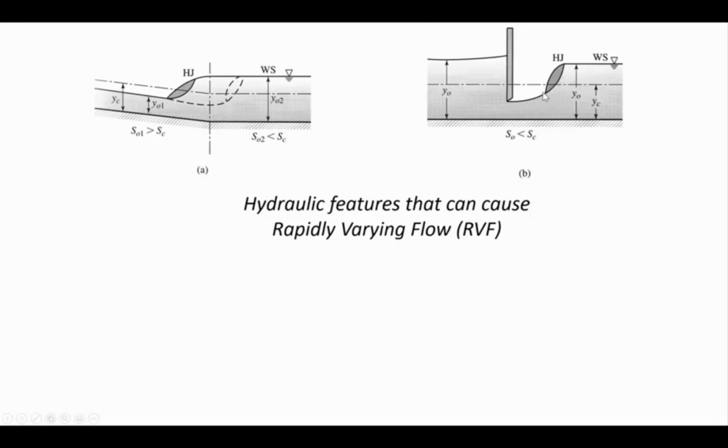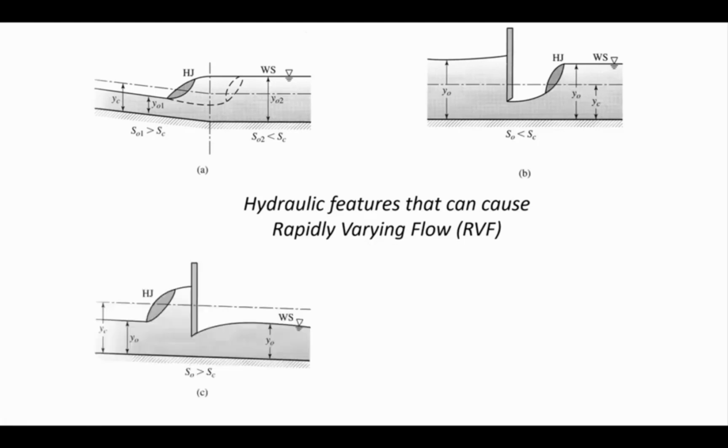So we need equations that can tell us what this new downstream depth is going to be after a hydraulic jump. That's what we're going to learn through the momentum analysis: how to predict, when there is a hydraulic jump, what would be the depths associated with it.